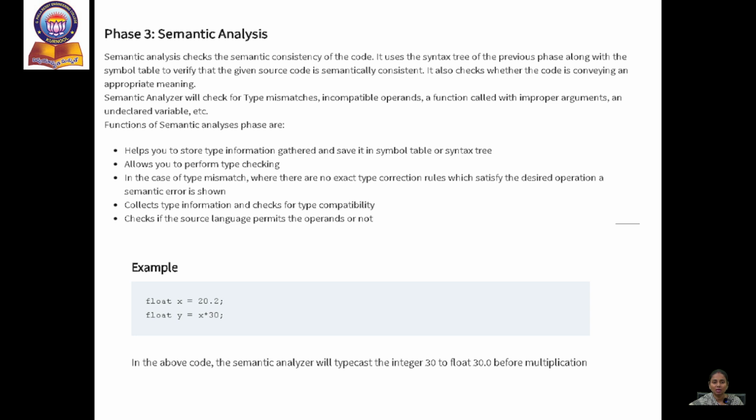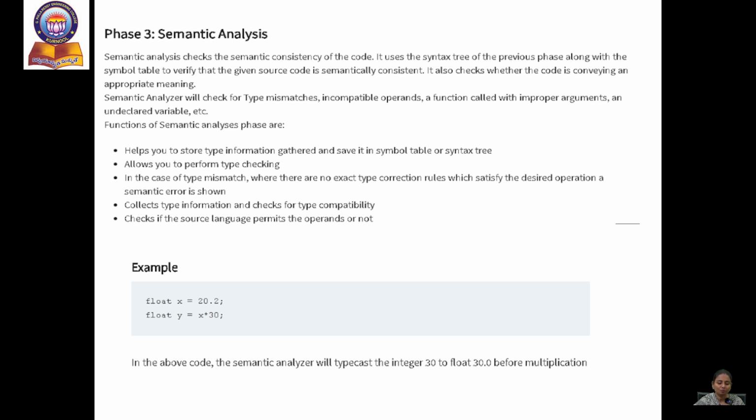It also collects type information and checks for type compatibility, and whether the source language permits the operations or not. It also checks whether the operands used in the construction of the parse tree have a possible meaning or not. So here I have given one example.